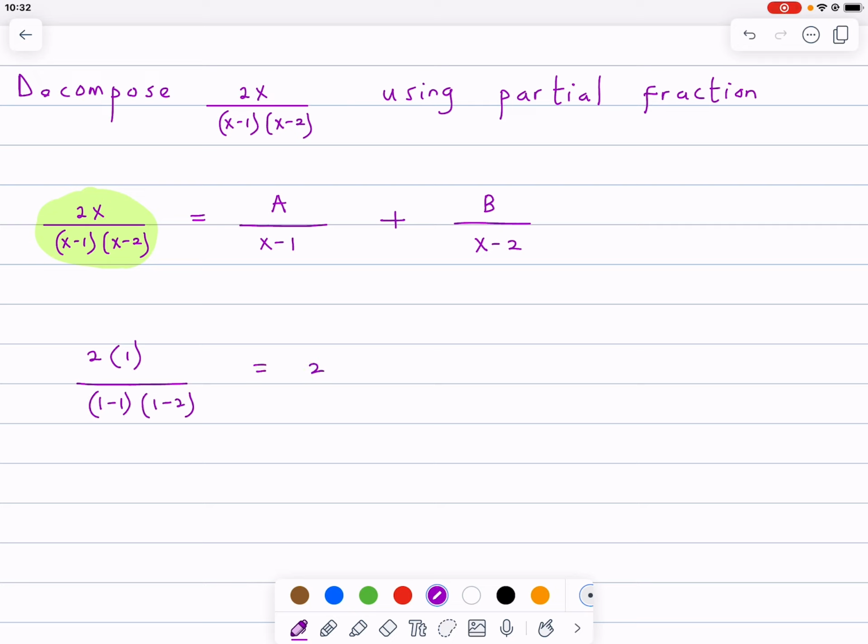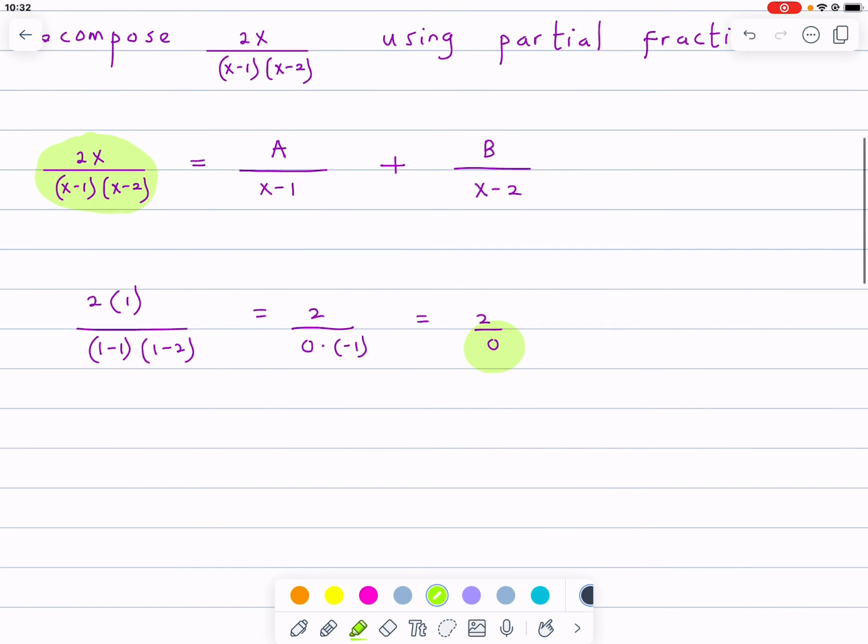This is just going to be 2 over 0 times negative 1. This is going to be 2 over 0. Since I have 0 in the denominator, the expression is not defined at x equal to 1. The same thing applies to 2.